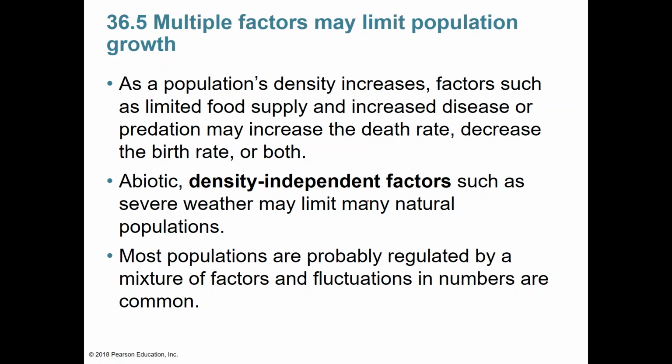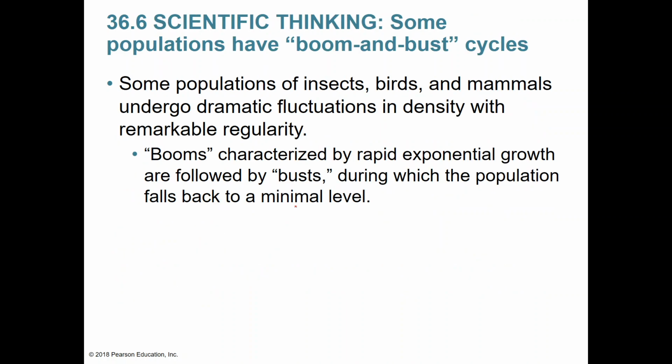These things are usually happening in tandem. Usually populations are influenced by a mixture of density-dependent factors along with density-independent factors. But some species, some populations, particularly things like insects and birds, and even some mammals, will undergo really dramatic fluctuations.